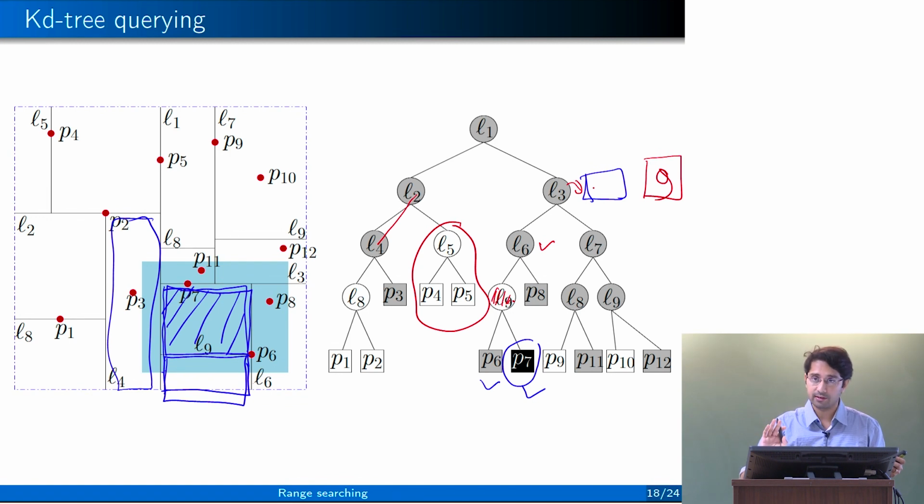If it intersects, I will see whether it contains the whole rectangle associated with this node. Then it becomes black. I do not have to go inside further. I will just report the points stored, or forward the count to the higher dimension. If it partially intersects, it becomes grey. I will check whether it intersects my left part or right part. If it intersects both parts, I will forward the query in both directions. If it intersects one, I will forward it to only one.